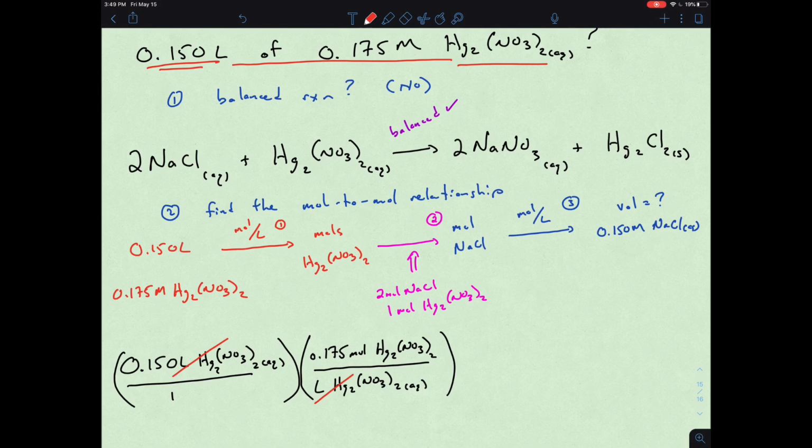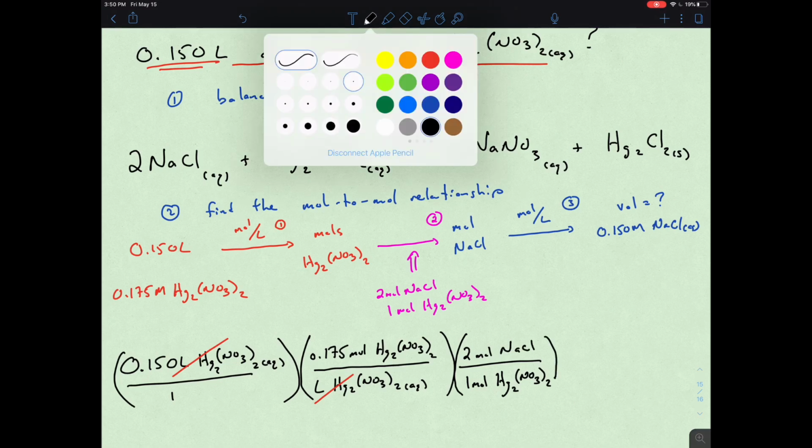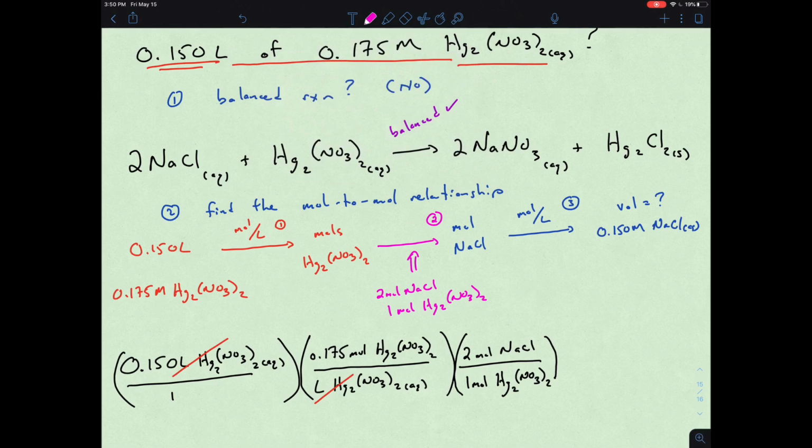And now we can go to the chemical reaction to say for every 1 mole of the mercurous nitrate, I need 2 moles of sodium chloride. So that is our mole-to-mole superhighway, right? That's our conversion that we're seeing here, getting out of moles of the one starting material and getting into moles of the other.